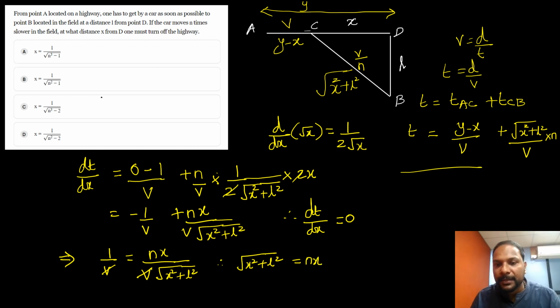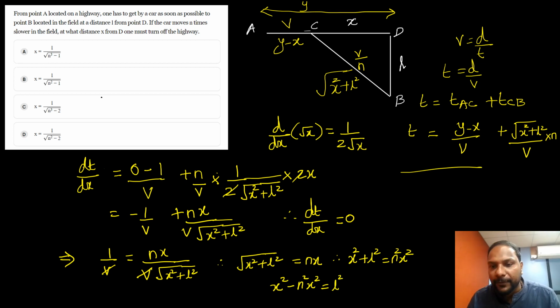Now squaring on both sides, what do we get? x square plus l square should be equal to n square into x square. Now you can take the x square terms to one side, so I'm bringing them to the left hand side: x square minus n square x square should be equal to l square.